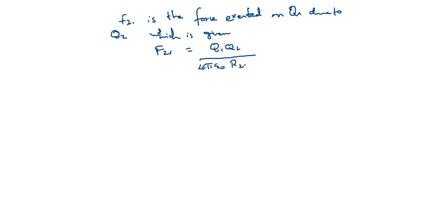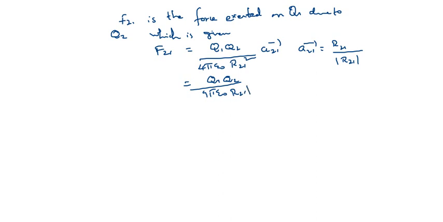Here A21 is given by R21 divided by modulus of R21. Similar to the previous one, since the vector direction is changed, we change these values also: 4 pi epsilon naught, R21 cube, into the R21 vector.